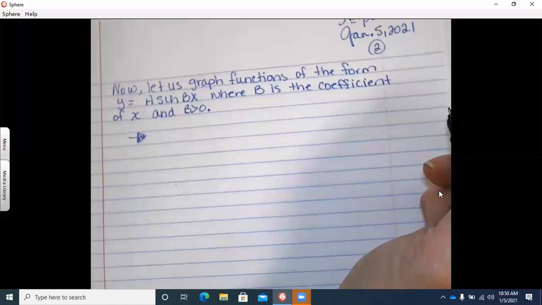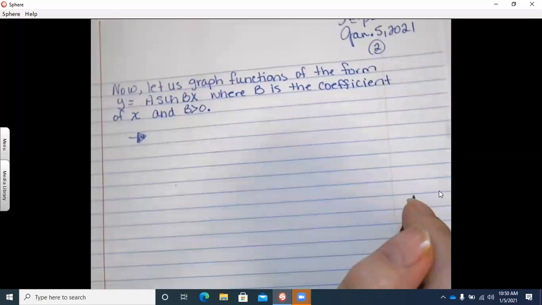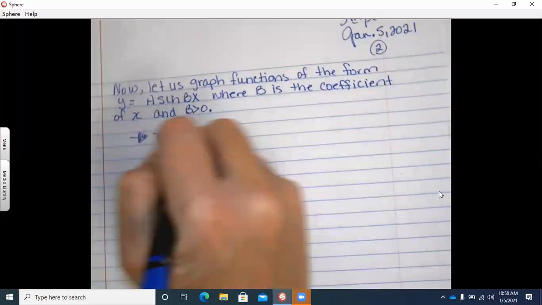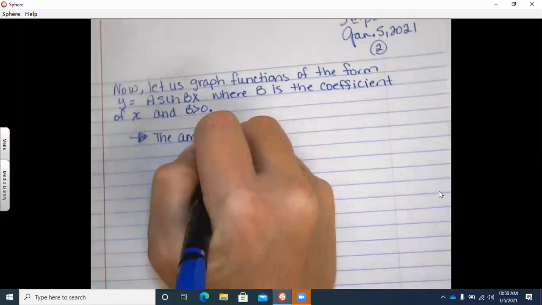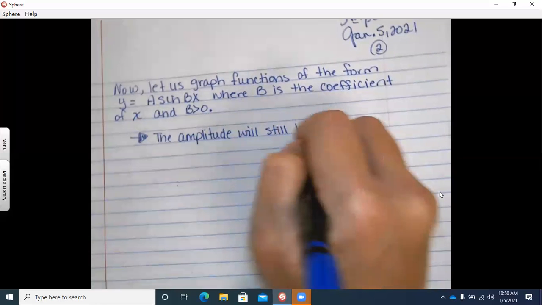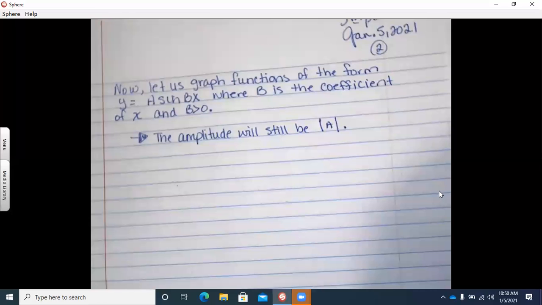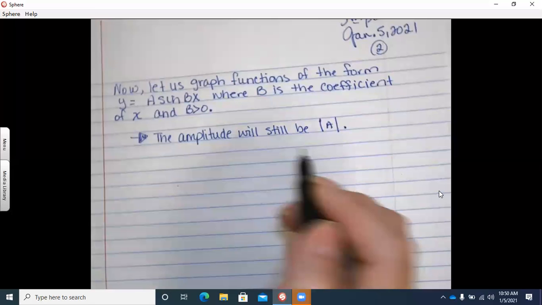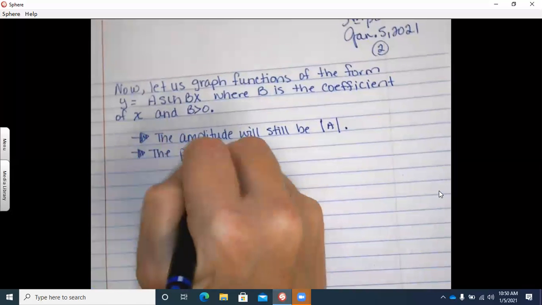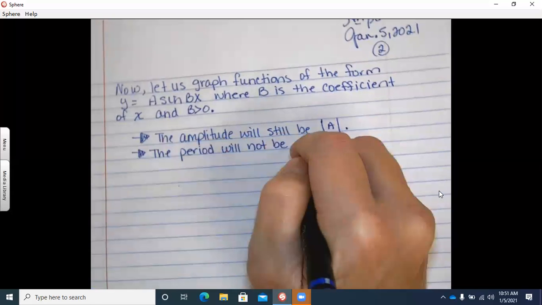Well, now we've added a coefficient in front of x, okay? And that's going to change the period. So the amplitude is still going to be the absolute value of A. That won't change. But the period will. The period will not be 2 pi anymore.